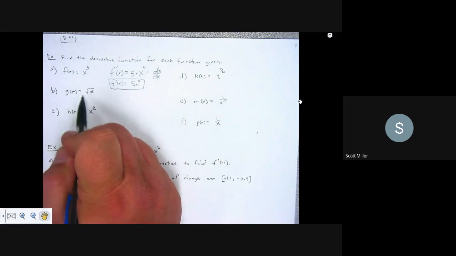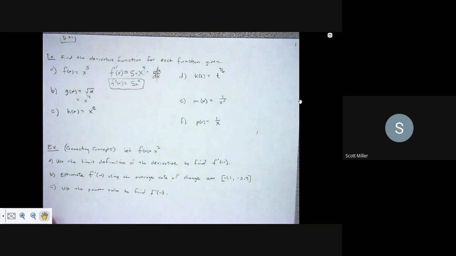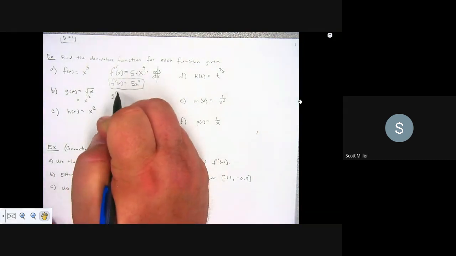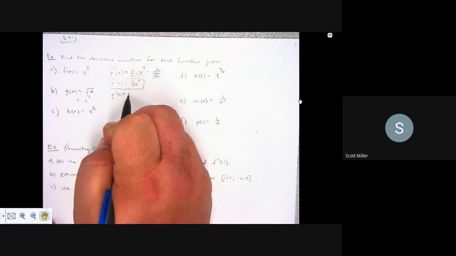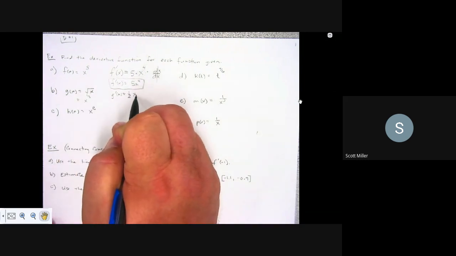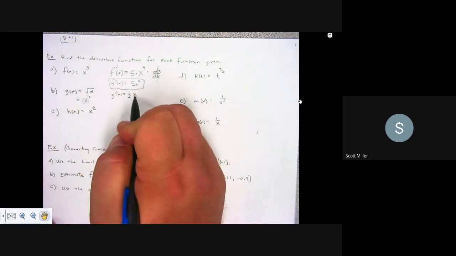This one right here, this is not in power form, but I know I can put it in power form. So I'm going to rewrite this as x to the 1/2 power. And now I'm going to use the power rule. So g prime of x, take the exponent, 1/2, multiply it out in front. Take this quantity, whatever it is, to the power, that expression gets rewritten, and then I lower this exponent by 1.